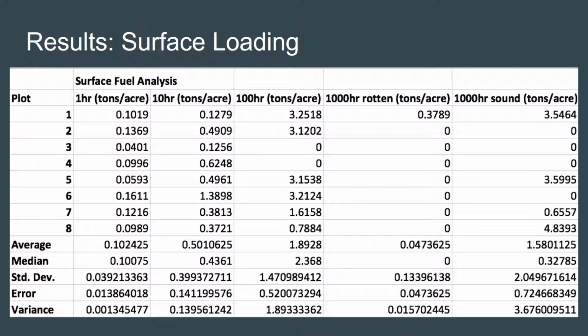For surface loading, one interesting result that I got was high variance for the 1,000-hour sound fuels. And I believe that this was the case because of how the logs were grouped into burn piles throughout the stand. So there were large stretches with no logs and then some with piles of logs.